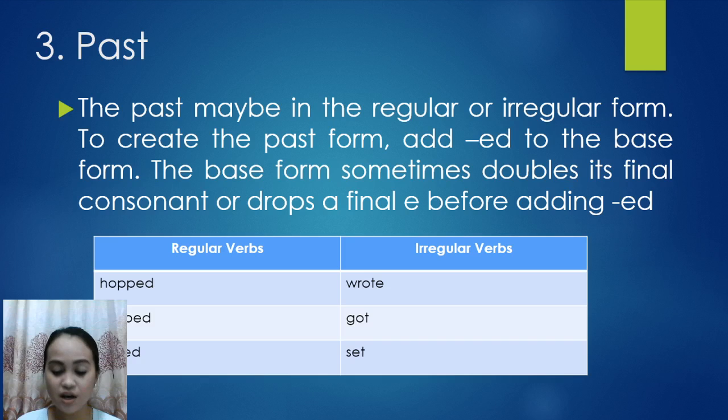So, in irregular verbs, there is a change in spelling and you don't need to add ed in the end. Again, irregular verbs in the past form are verbs that change in spelling.